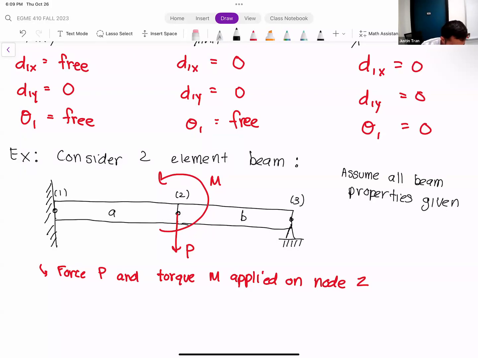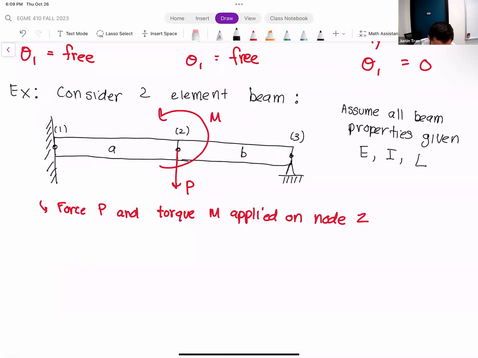In fact, we're going to assume that beam 1 and beam 2 have identical properties, and so the same E, same I, and the same L. And I'm just realizing I didn't define what I was to you, so I'll do that in a second. For this problem, since we don't have numbers, we can't solve it for a solution. And so let's solve instead for the global stiffness system with the boundary conditions applied.